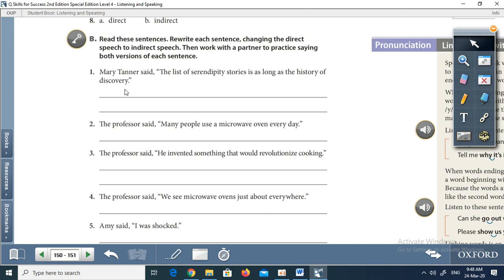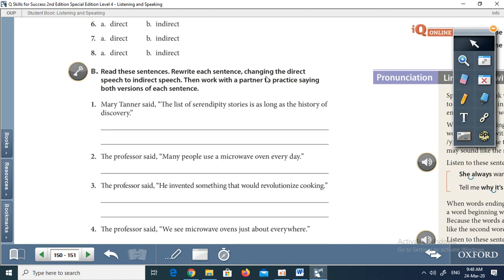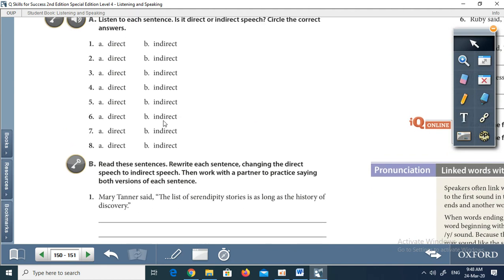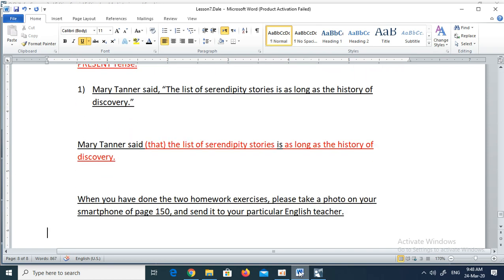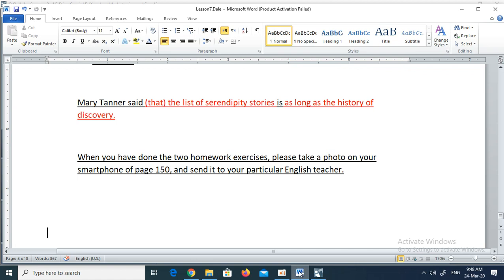All right. What I am needing you guys to do is to write your answers into your books, just as I am needing you guys in exercise A to circle whether it is direct or indirect, A or B. And when you have done those two exercises, what I need you to do is take a photo on your smartphone of that page and the top of the next page, and send that photo to whoever is your speaking teacher.